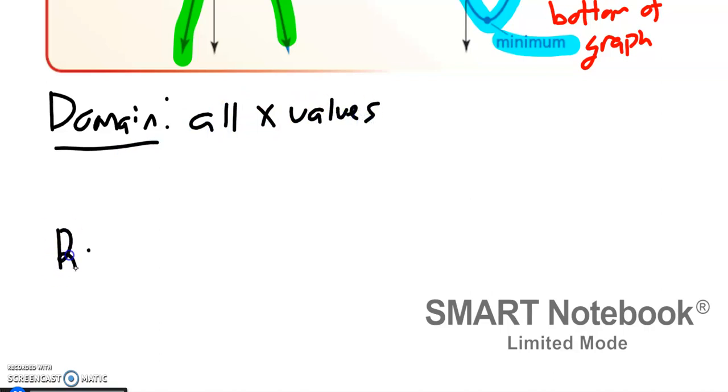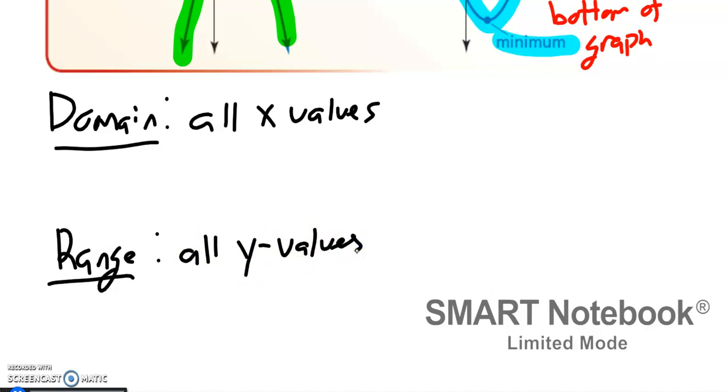And the range, all y values. So when we talk domain for quadratic equations and the graphs parabolas, 99% of the time, it's going to be all real numbers. Actually, you know what? Let me erase that and actually write out the word numbers.